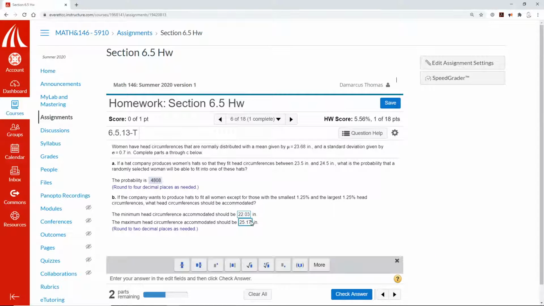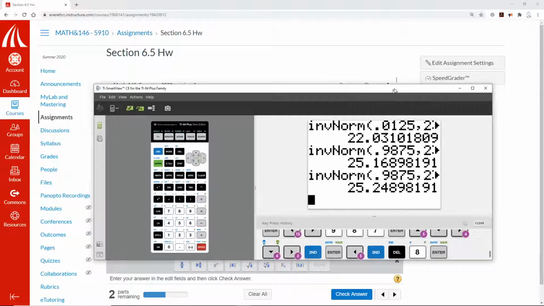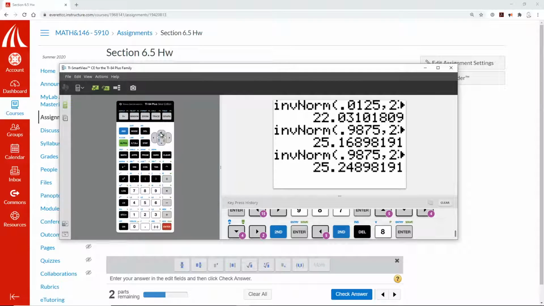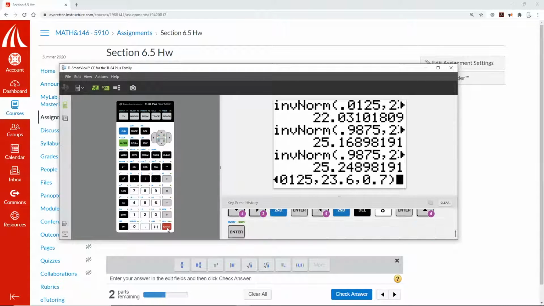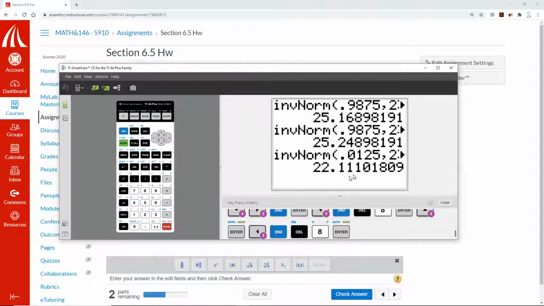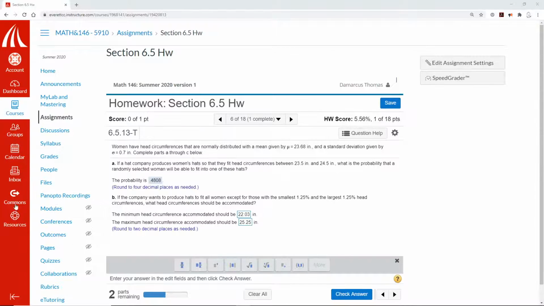I also have to check the other one too, because maybe I didn't use the right mean there as well. So I'll recall the other one. And it's 23.68. That was a big mistake. Second, insert 8, and then just enter. 22.11.